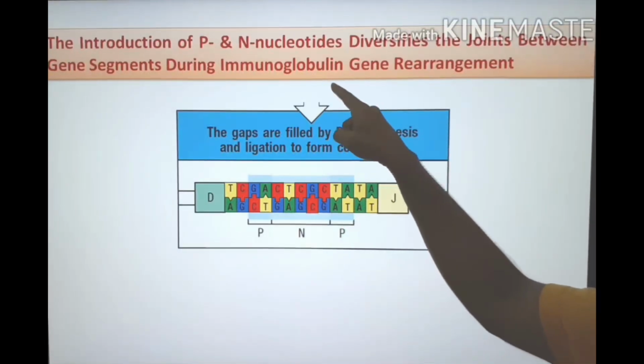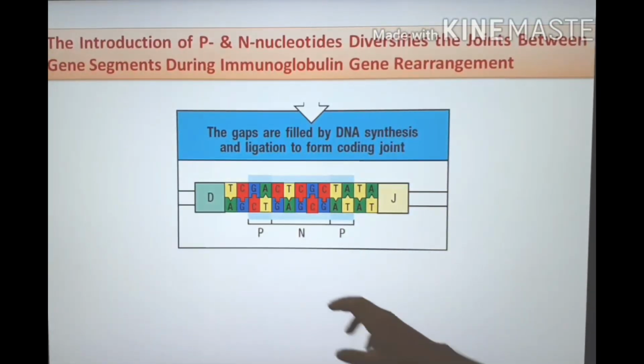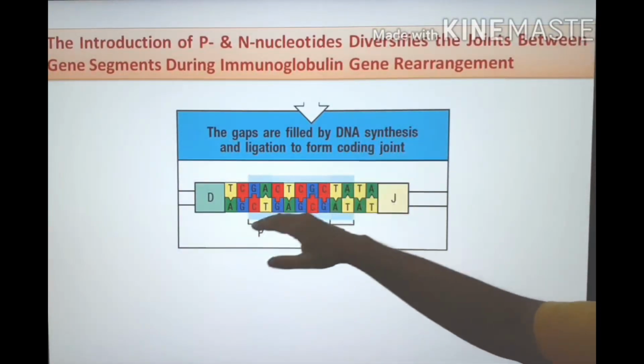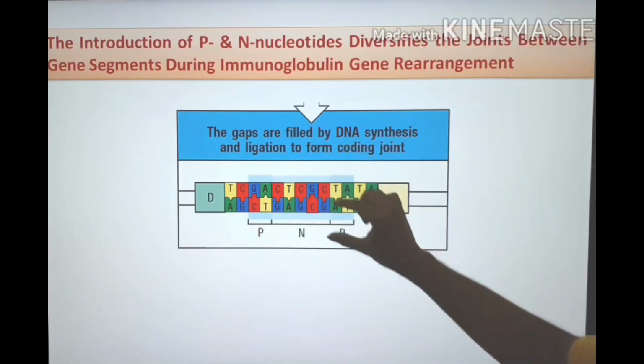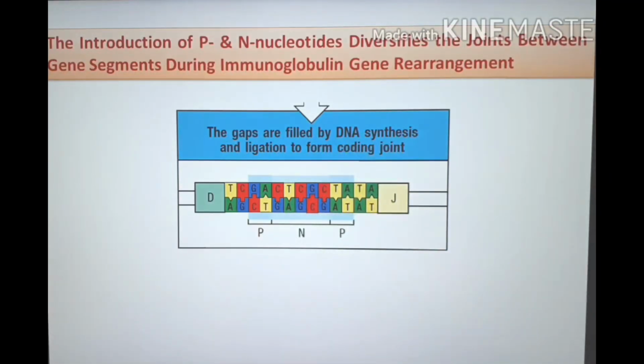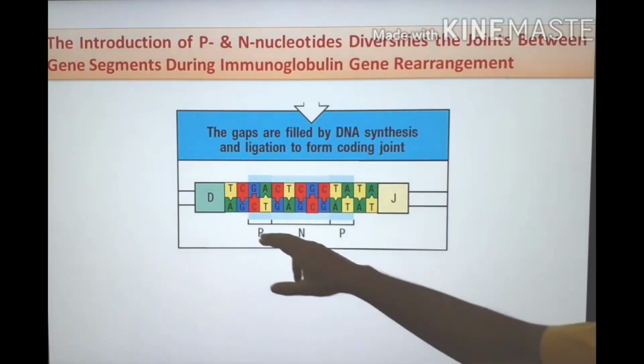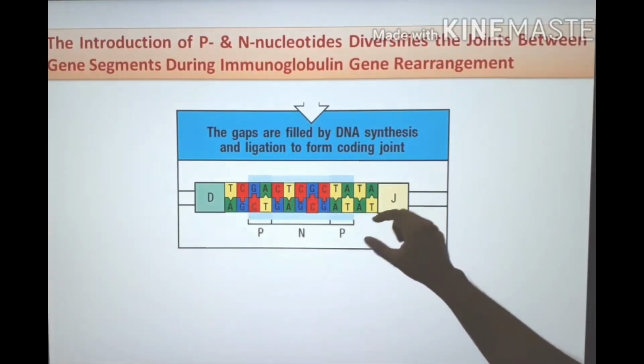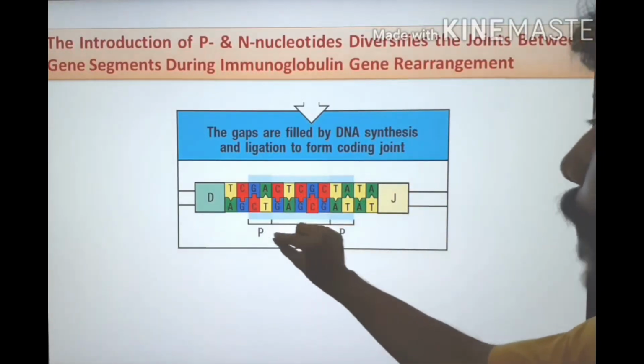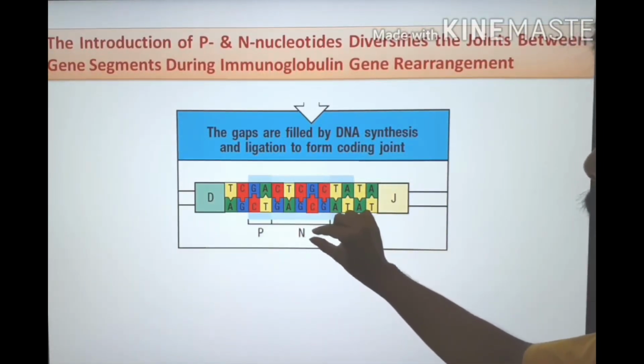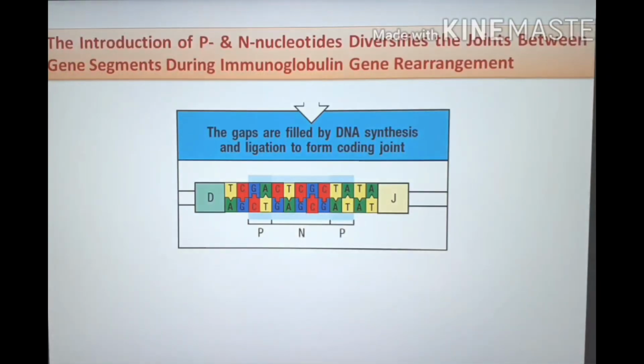Immunoglobulin means antibody. Now these gaps are filled by DNA synthesis and ligation by XRCC4, Cernunnos and DNA ligase 4. Then these D and J segments are joined with each other, and two palindromic sequences and one N nucleotide sequence are synthesized.